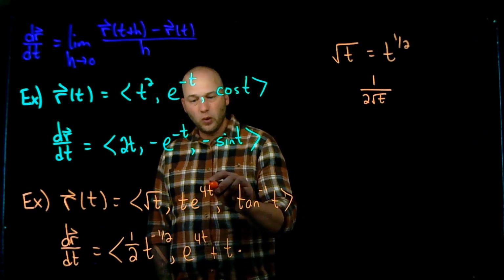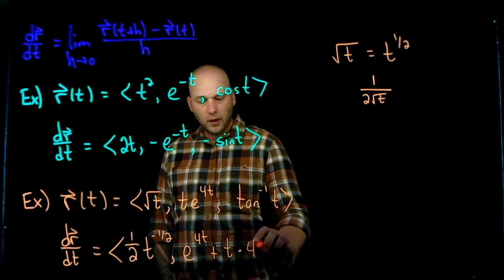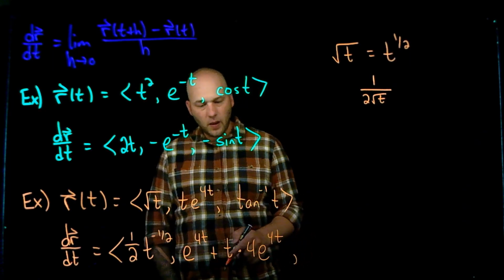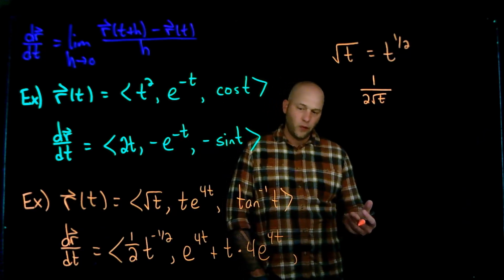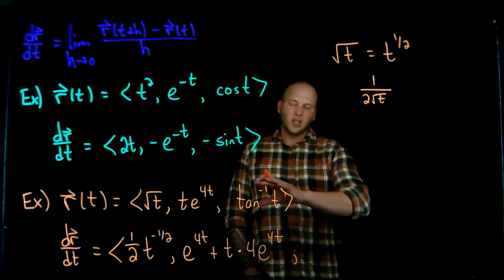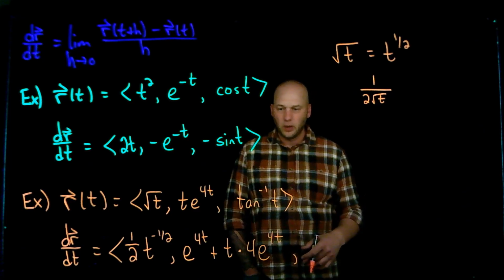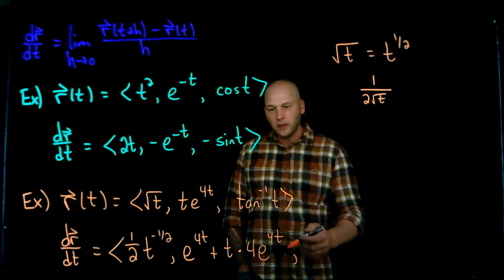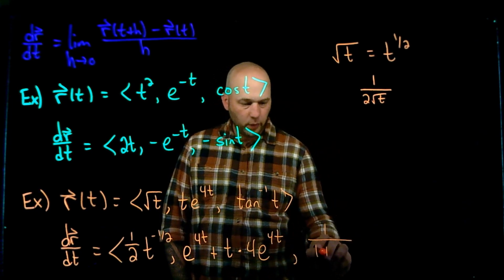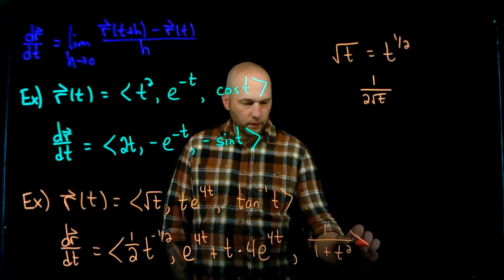Using the chain rule, a 4 is going to come out, and then e to the 4t. Once again, I could clean this up by rewriting t times 4 as 4t. I could factor out an e to the 4t, but I'm just going to leave it to save a little bit of space. And then the derivative of tan inverse is 1 over 1 plus t squared. Okay.